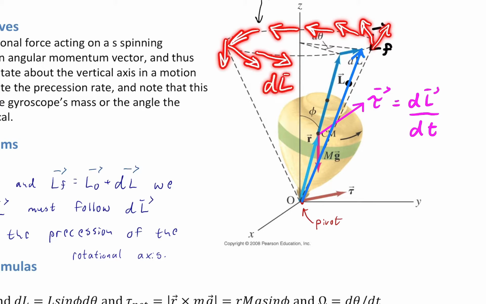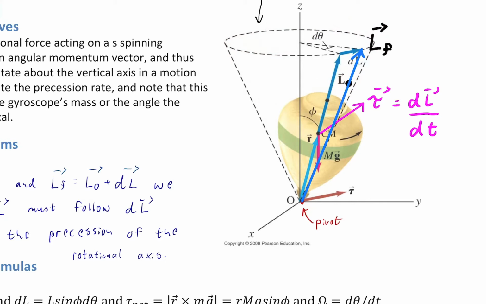Each of these would be a dL, every one of them parallel to a torque that we could figure out with the right-hand rule in each case. Okay? That is precession. Absolutely, unequivocally, that's precession. It's that the torque creates a change in angular momentum, thus the new angular momentum must follow the change. All right, which causes the motion to precess.